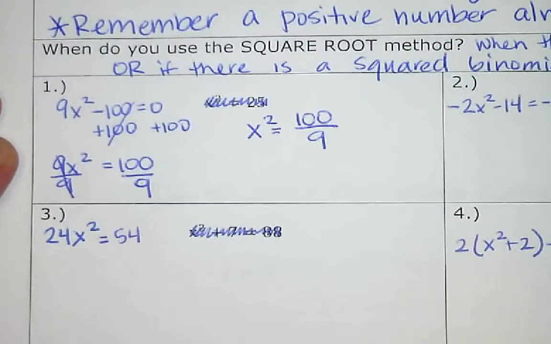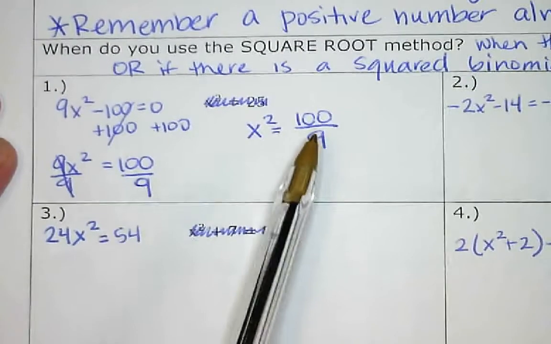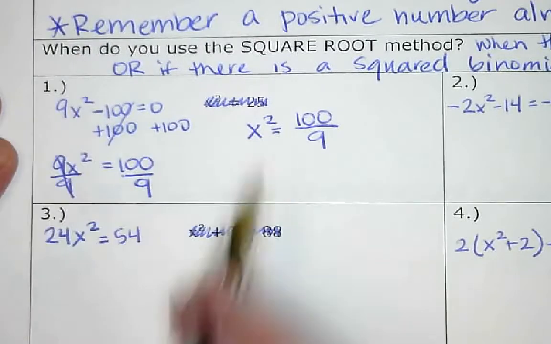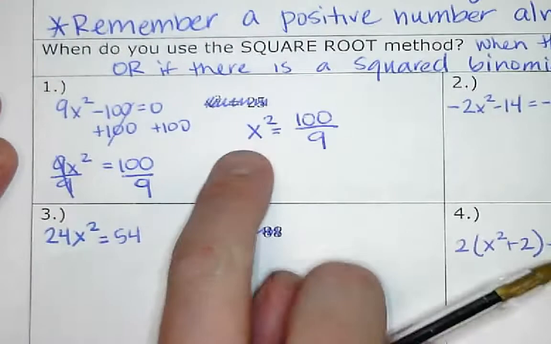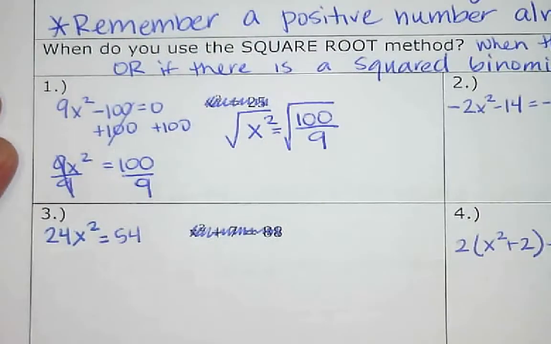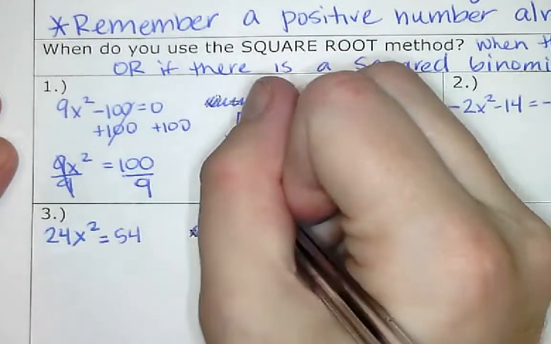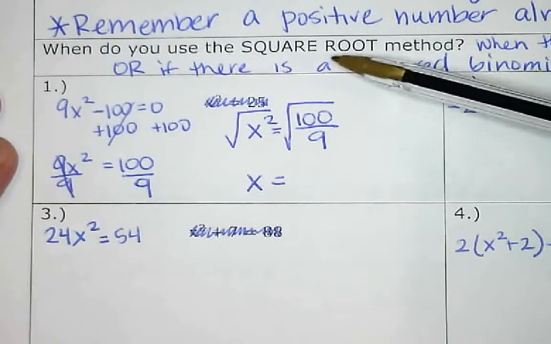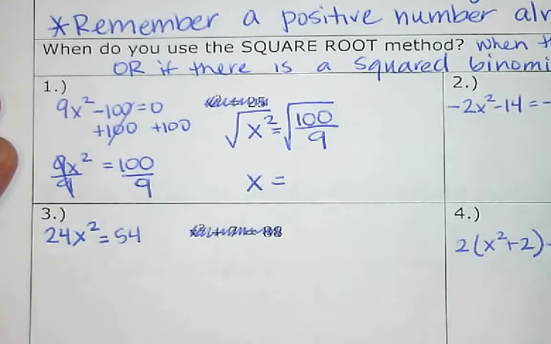And that can't be simplified. So x squared equals 100 over 9. So if we want to simplify this, now we take our second step, and it says take the square root of both sides. Now that my x squared is alone, I'm going to take my square root of both sides, and we are left with x is equal to, well, guys, what's the square root of 100? 10.